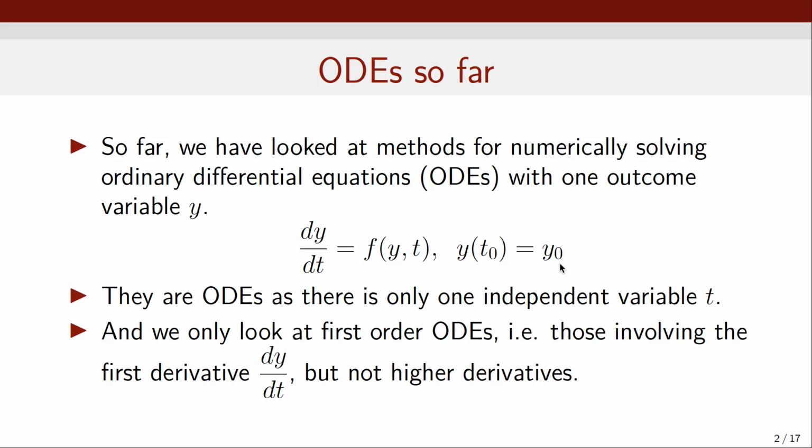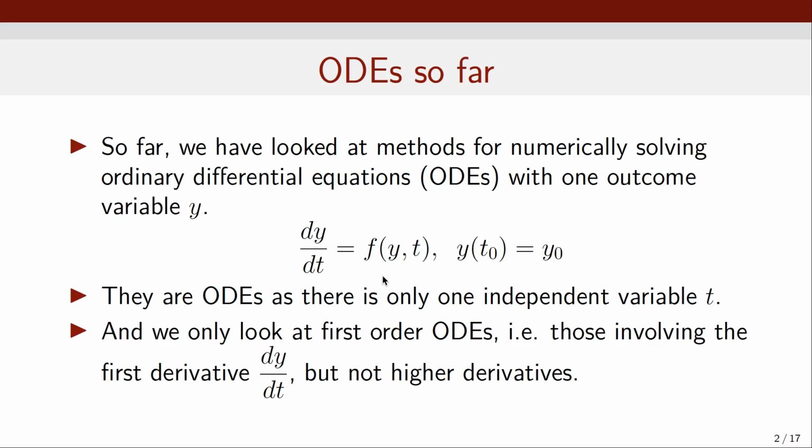That is, those equations that involve the first derivative dy/dt, but not higher order derivatives such as d squared y by dt squared, the second derivative of y with respect to t, or higher. They don't show up in this equation.